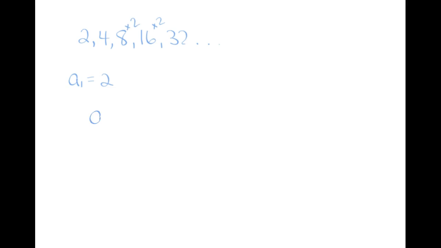I want to say to find the next one, to find n plus 1, I take a of n, the one before it, and I multiply by 2. And that's not the end of the equation, because I also have to say that the initial term is 2.